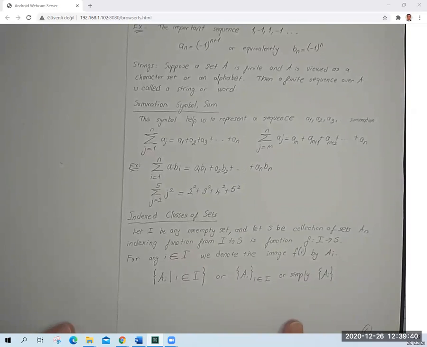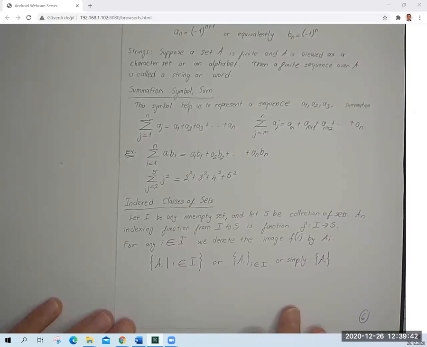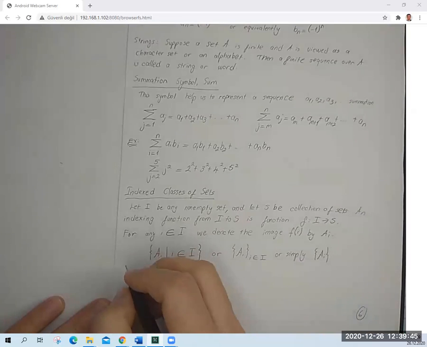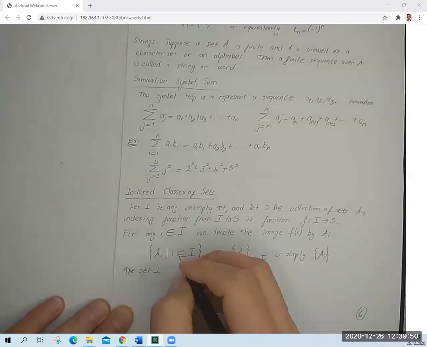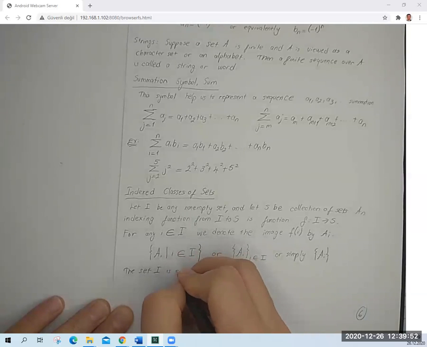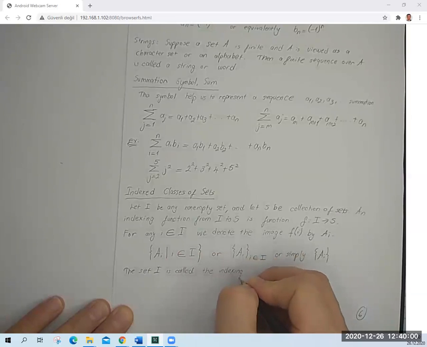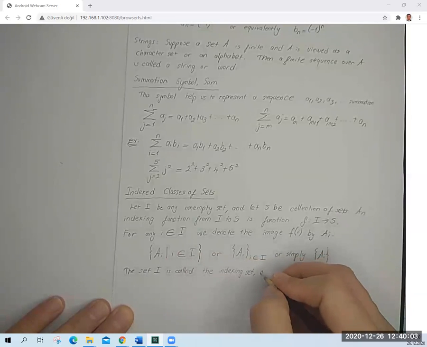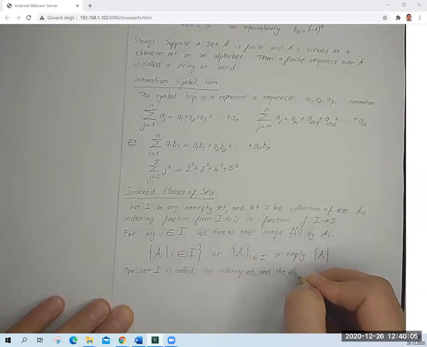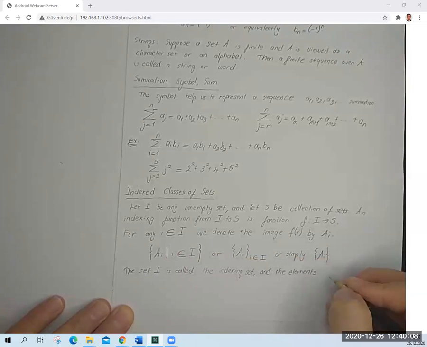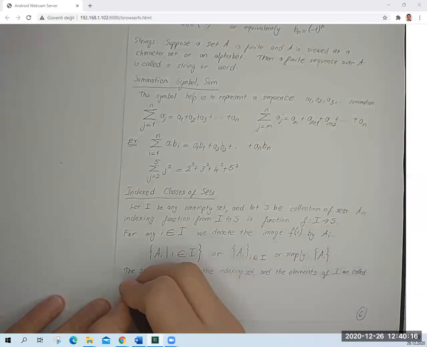Do we have to complete the indexed? Okay, there is one more definition that we can write. The set I is called the indexing set, and the elements of I are called indices.